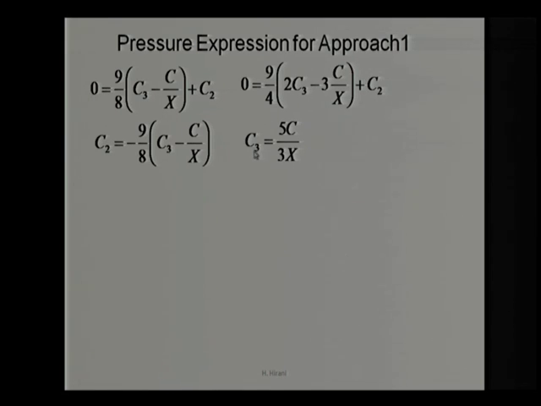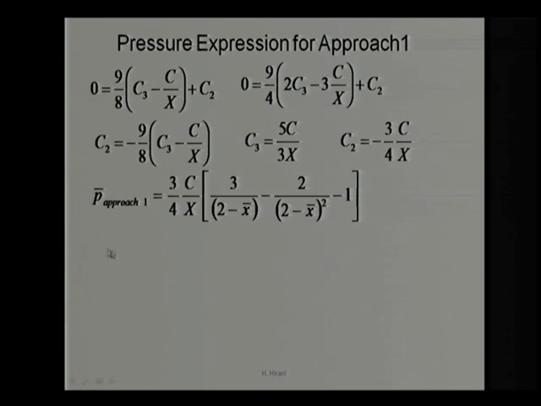Now, once I know c 3, I can substitute the value of c 3 in this expression to find out the value of c 2, and that c 2 turns out to be a negative value, 3 by 4 capital C, the clearance, divided by capital X, the dimension in x direction.